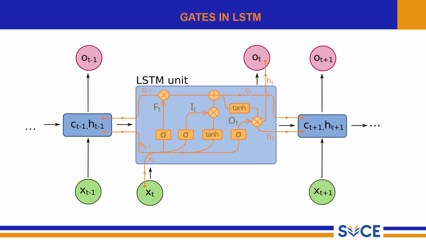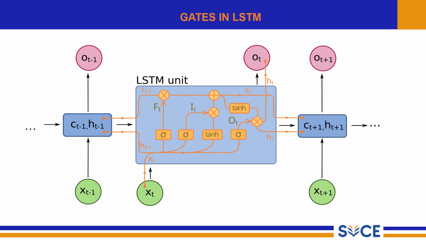A value close to 0 means forget this information, while a value close to 1 means keep it. This gate output is then multiplied element-wise with the previous cell state ct minus 1. So it is effectively filtering out unnecessary information.